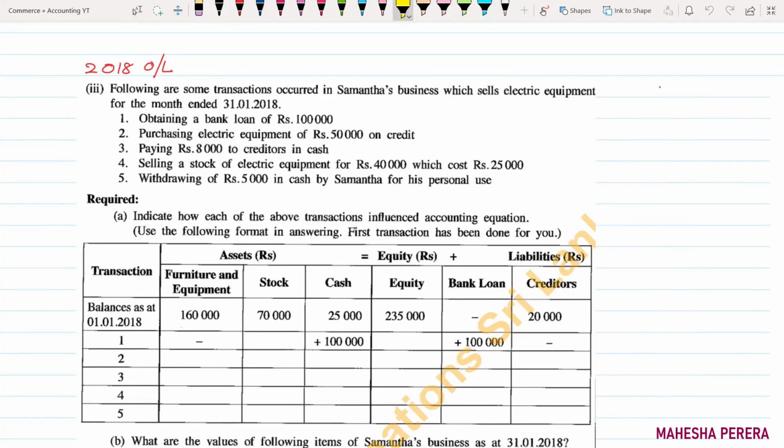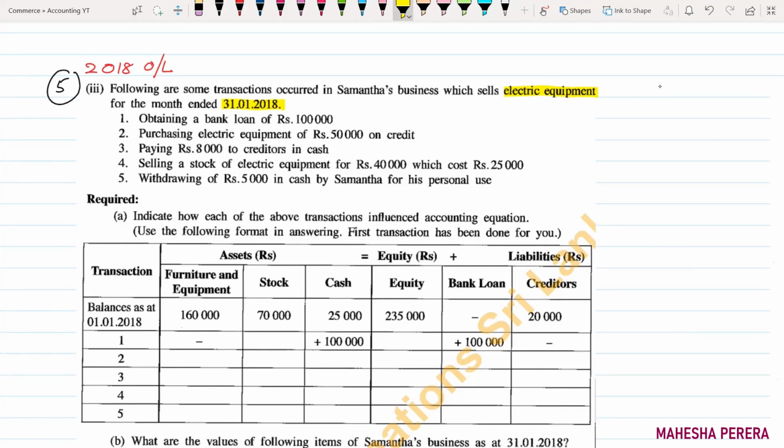2018 O level question. Again, this is question number 5. Following are some transactions occurred in Samantha's business, which sells electric equipment for the month ended 31st of January 2018.